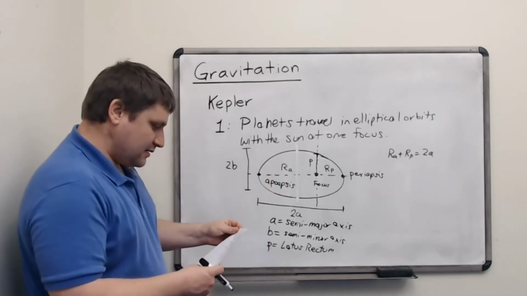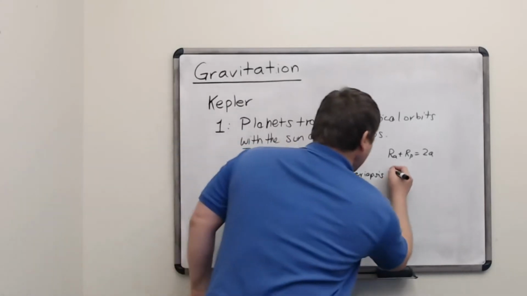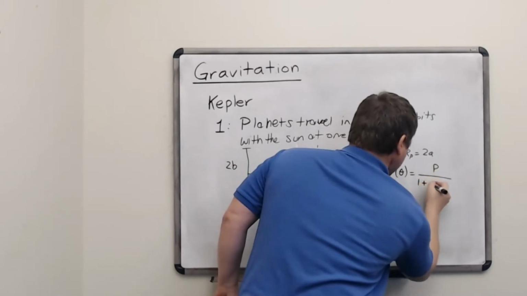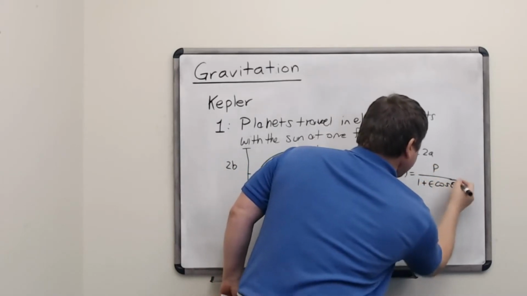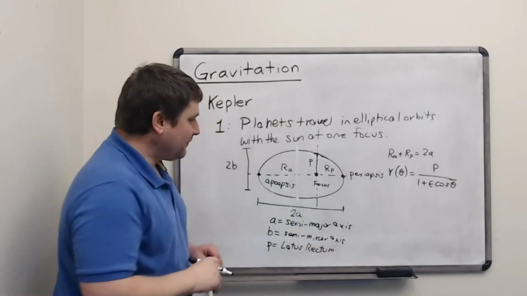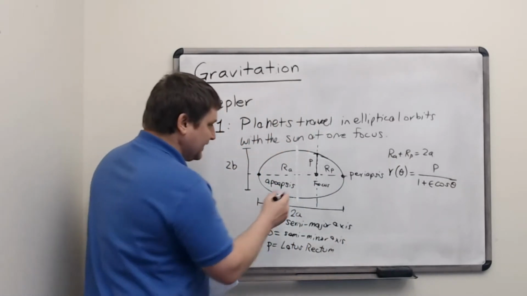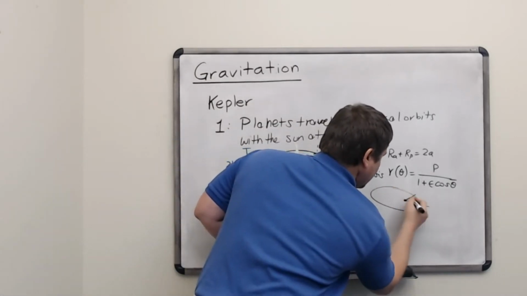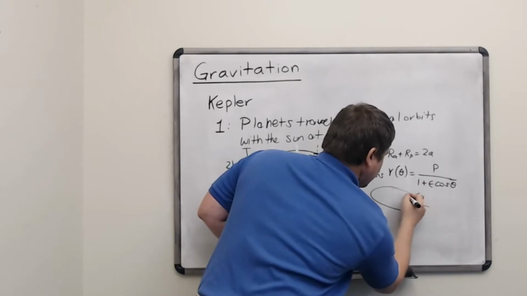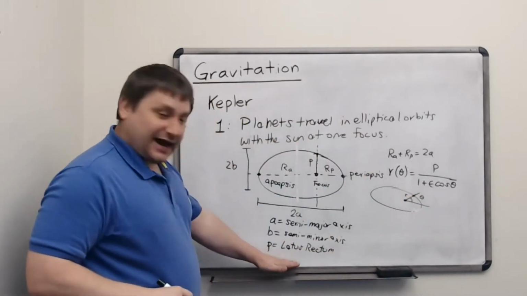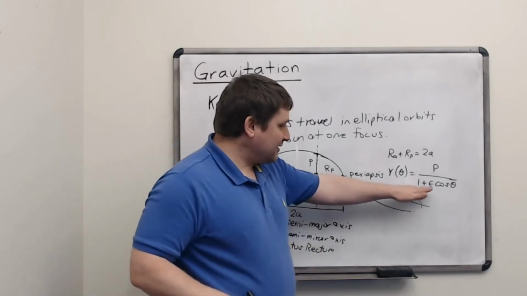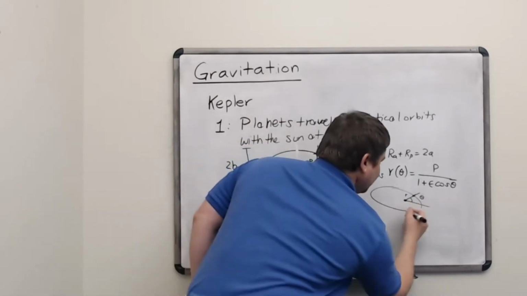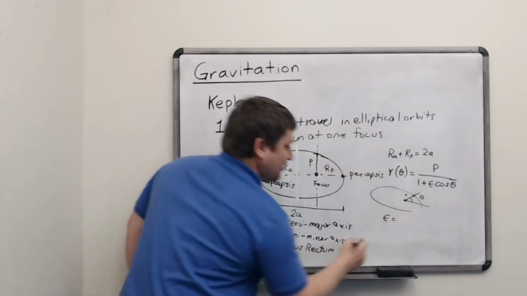The formula for the distance from the origin at a given angle in the ellipse is the latus rectum p divided by the quantity 1 plus the cosine of the angle multiplied by a quantity called the eccentricity.